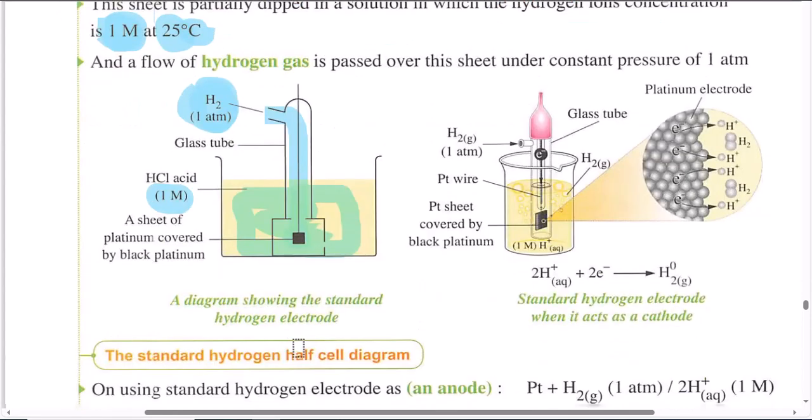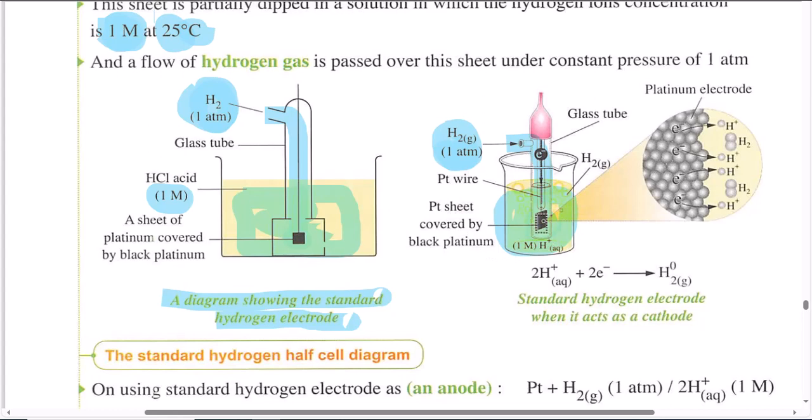So this is a diagram of the standard hydrogen electrode. Another figure represents the actual hydrogen electrode. Hydrogen gas flows over a platinum sheet, which is here, with a partial pressure of 1 atmosphere, dipped in a solution with hydrogen ion concentration equal to 1 molar.